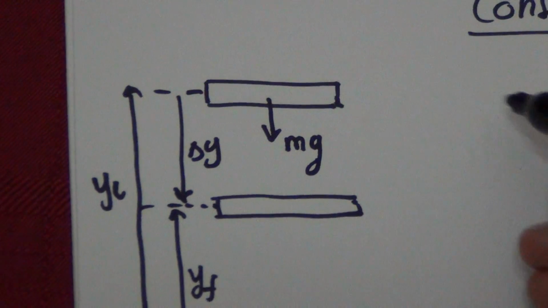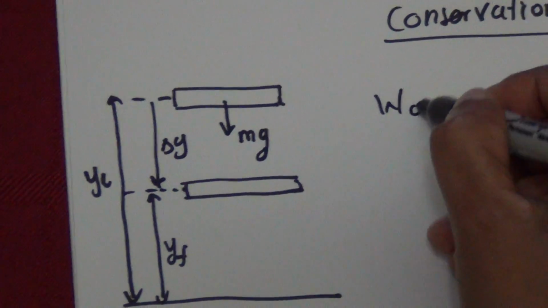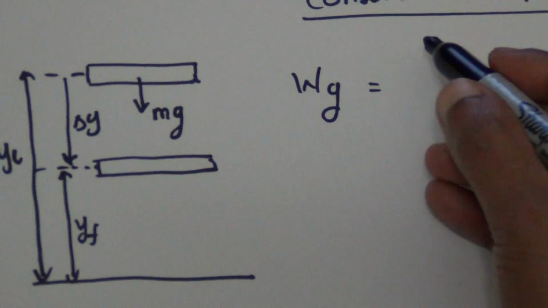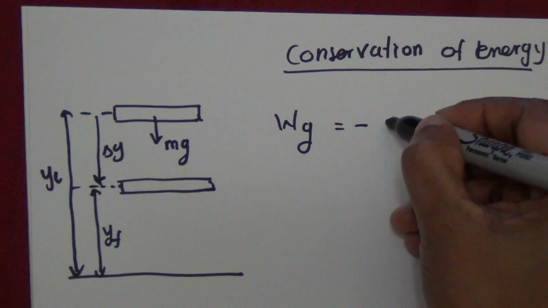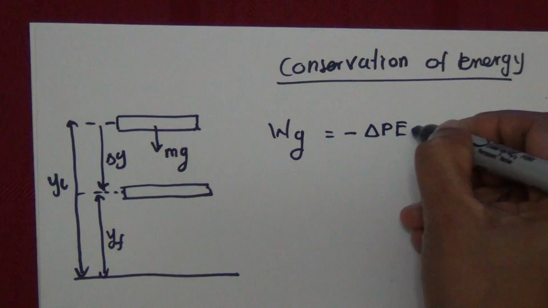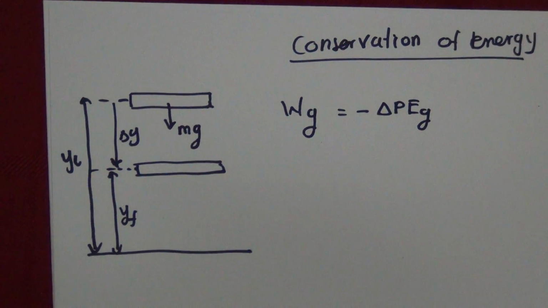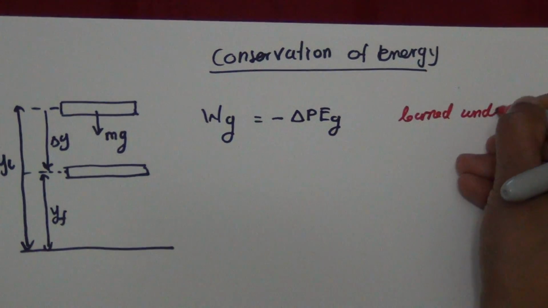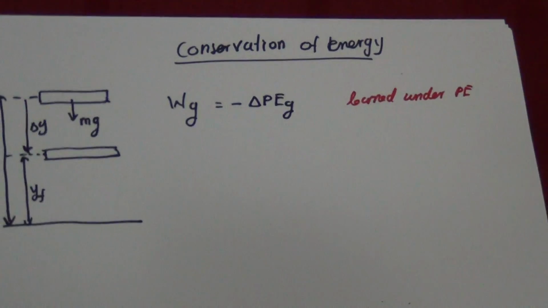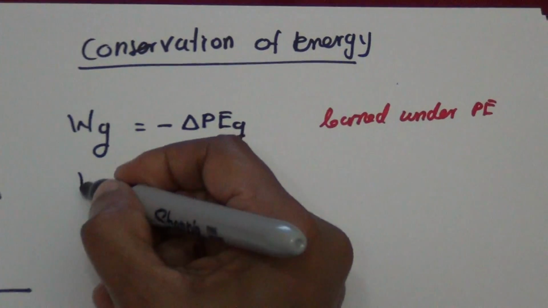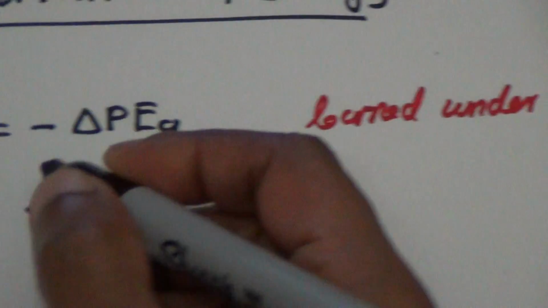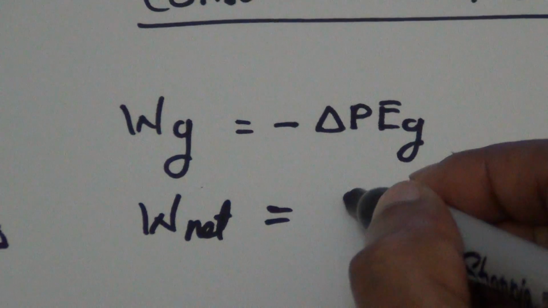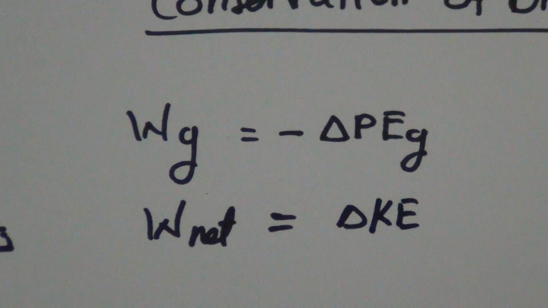And you know the only force acting is gravity. The work done by gravity, we learned under potential energy, is the negative change in potential energy. Also, we learned the work-kinetic energy theorem, so the net work is equal to delta KE, right?